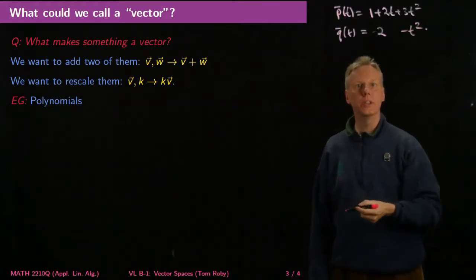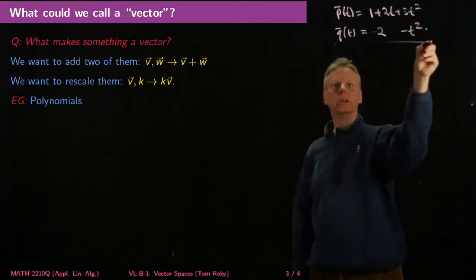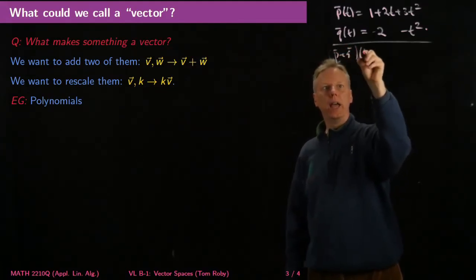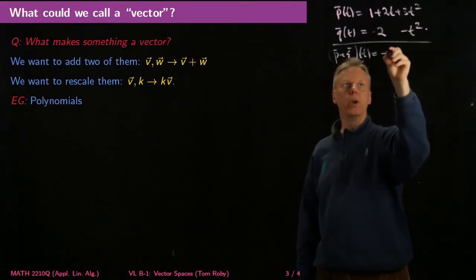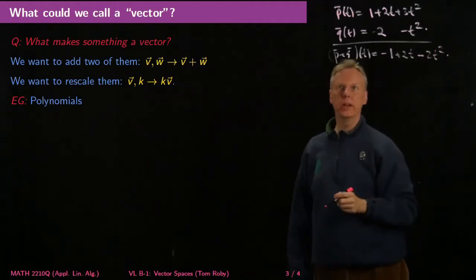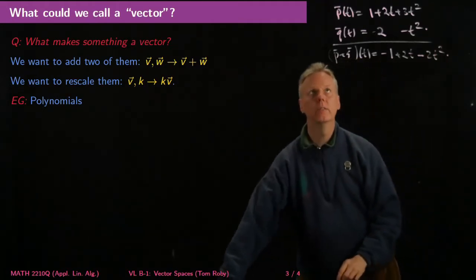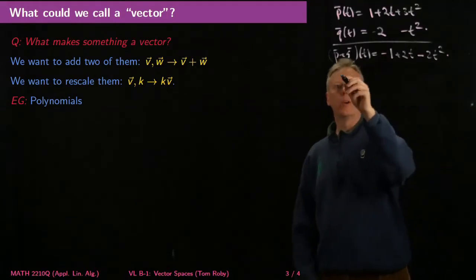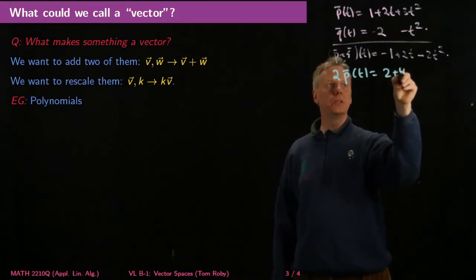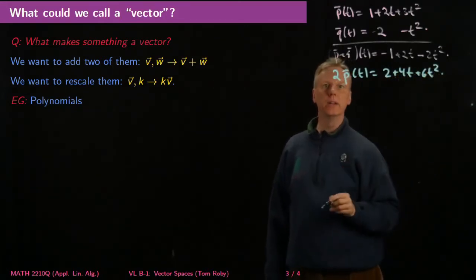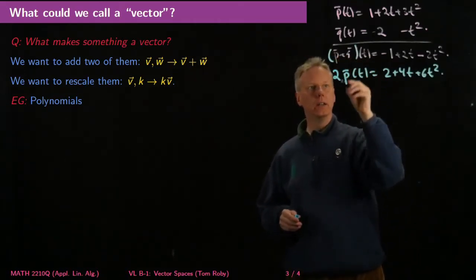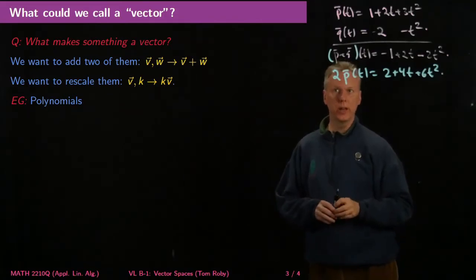Clearly I can add these. p plus q at t is just negative 1 plus 2t minus 2t squared. Or if I wanted to know what 2 times p was, that would just be 2 plus 4t plus 6t squared. So it's clear that I can add two of these things, or I can rescale them. That's what I need for something to be a vector.